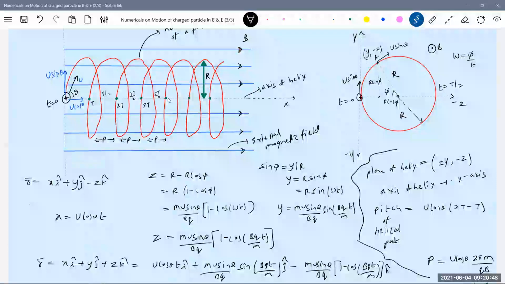Okay, this one. So like this, we got the position vector.